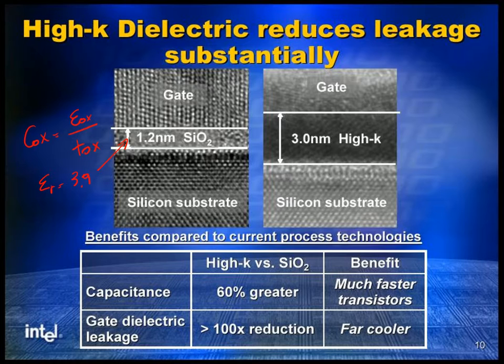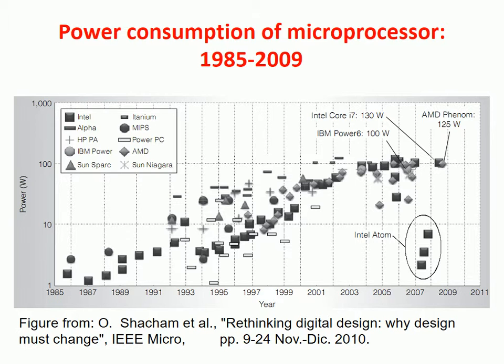They were able to use a different dielectric with a dielectric permittivity close to 15, which means that for the same capacitance you can have a thicker oxide, and with a thicker oxide you can reduce the gate leakage significantly. Okay, this is the main thing that happened and enabled solving the problem of the oxide thickness.